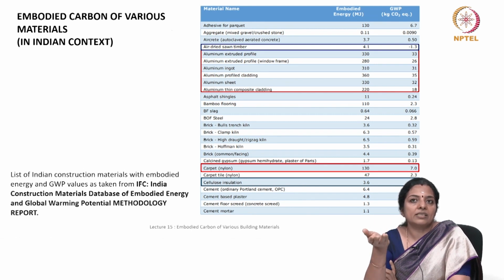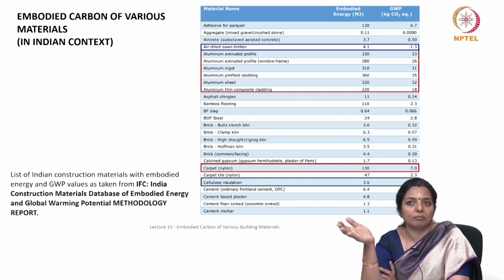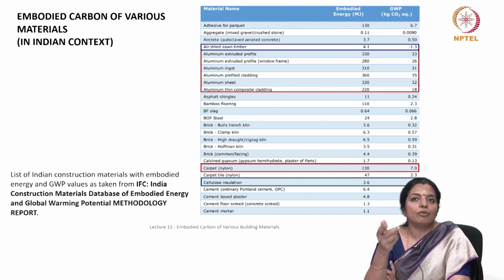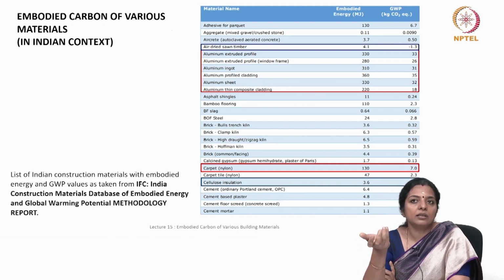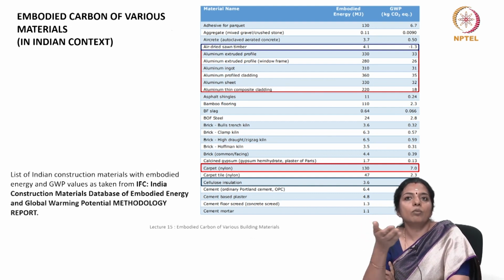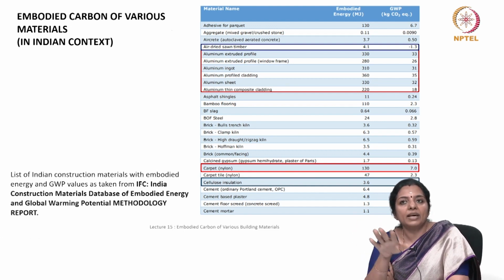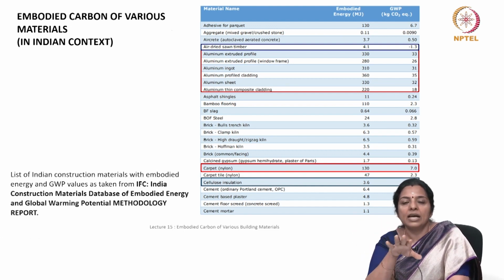It is specifically a measure of how much energy the emission of 1 ton of a gas will absorb over a given period of time, relative to the emission of 1 ton of carbon dioxide, and therefore we call it CO2 equivalent, carbon dioxide equivalent. The larger the global warming potential, the more that a given gas warms the earth compared to carbon dioxide over that period of time. The time period that we usually use is about 100 years, highlighting some of the materials with the highest and the lowest global warming values.